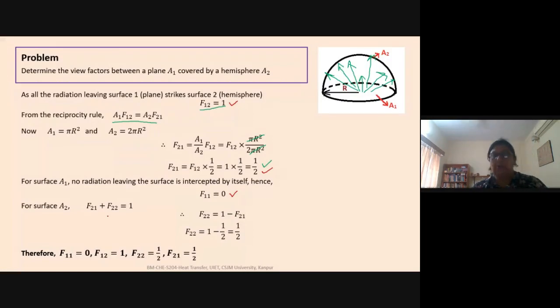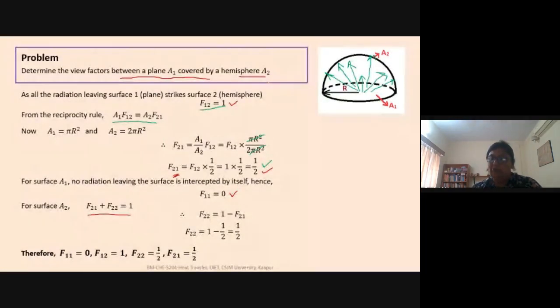In order to find out F22, we again use the summation rule, that is F21 plus F22 is equal to 1. We have found out the value of F21 out here. So F22 is equal to 1 minus F21, which is half, and F22 also becomes equal to half. In this problem, what were you asked to find out? You were asked to find out the view factors between plane 1 covered by the hemisphere or A2.